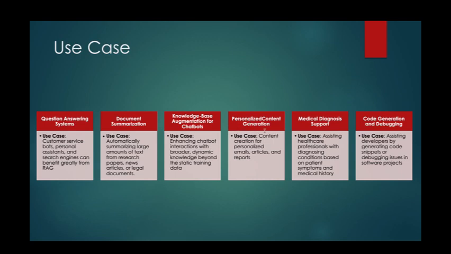A chatbot powered by RAG can retrieve relevant FAQs, product details, or even internal company documents to provide more accurate responses instead of relying on pre-programmed responses. The bot can pull the latest information from the internal knowledge base.